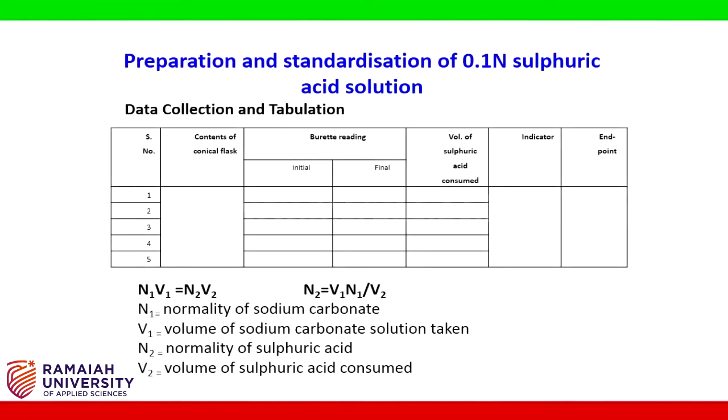The results obtained are tabulated and the normality of given sulfuric acid solution is calculated using the formula N2 is equal to V1N1 divided by V2, where N1 is normality of sodium carbonate, V1 is volume of sodium carbonate taken, N2 is normality of sulfuric acid, and V2 is volume of sulfuric acid consumed.